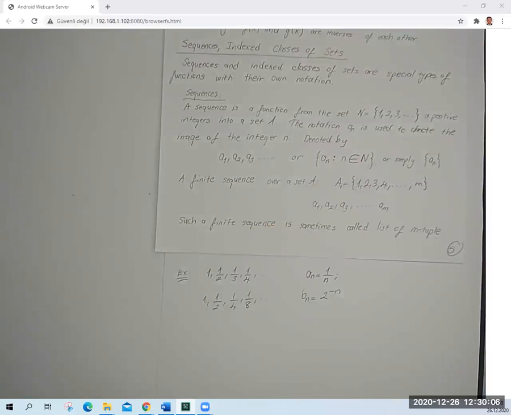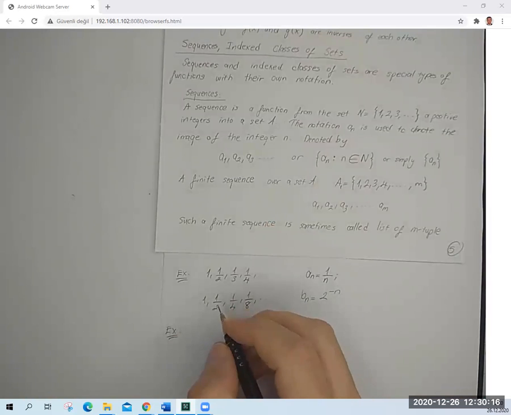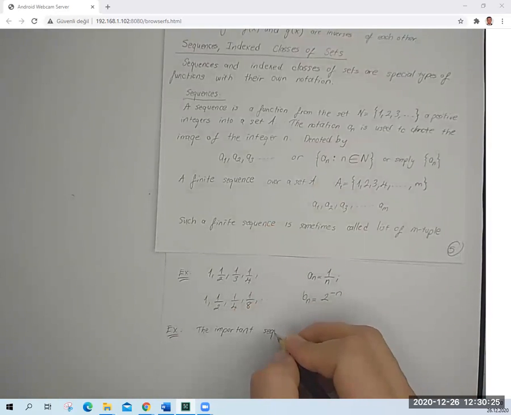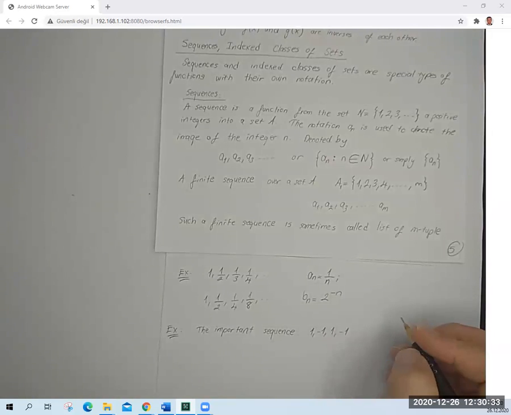And what else? So there is some strange series, or I mean sequence, like this, which is also important. Sequence 1, minus 1, 1, minus 1, and so on.